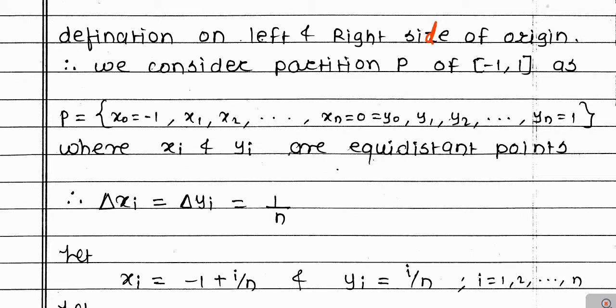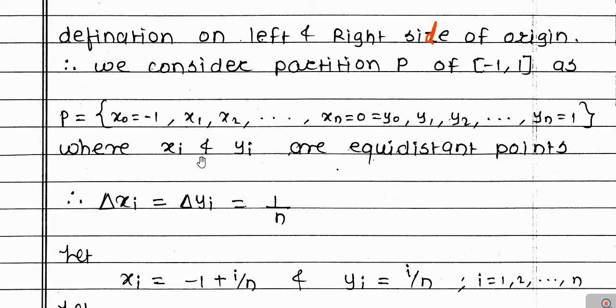So let us consider the partition of the closed interval minus 1 to 1. P is the set having points x0 equal to minus 1, x1, x2, continued up to xn which is equal to 0. And y0, y1, y2, continued up to yn which is equal to 1.